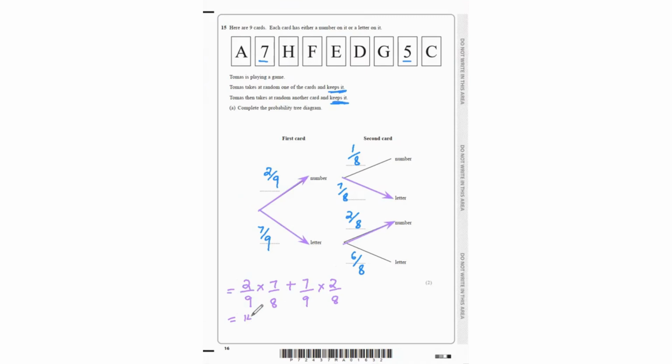So that's 14 over 72 plus 14 over 72, which is 28 over 72. Simplify this, 14 over 36. If we simplify this, that's 7 over 18.